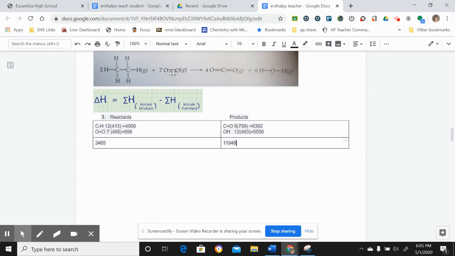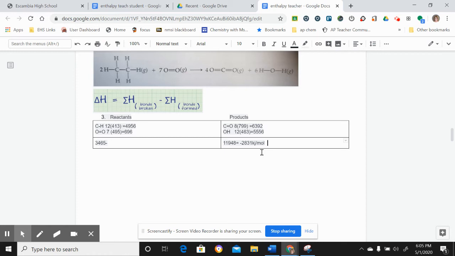Bonds broken minus my bonds formed. So 3465 minus 11,948 gives me a negative 2831, and that's kilojoules per mole.